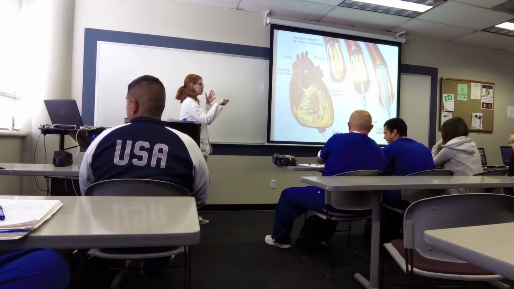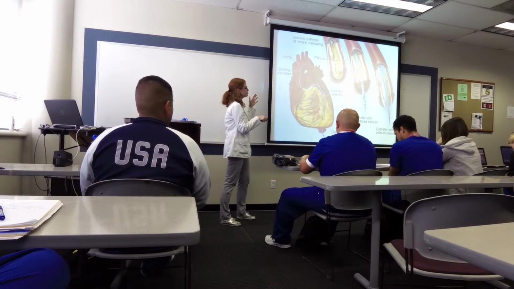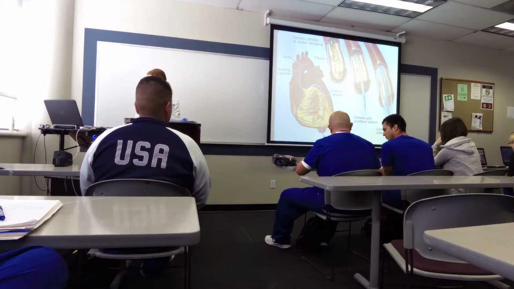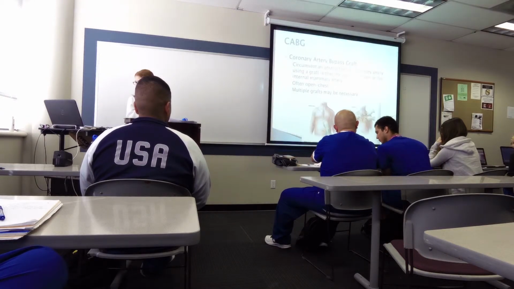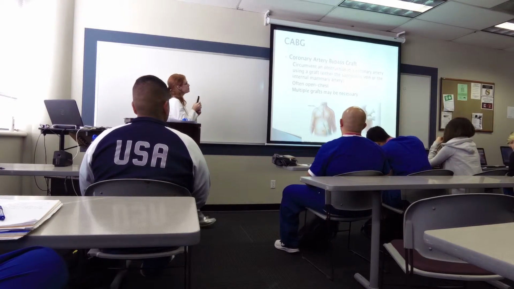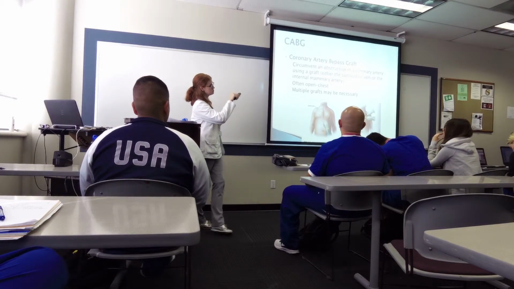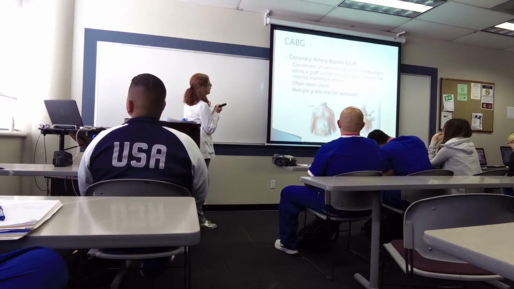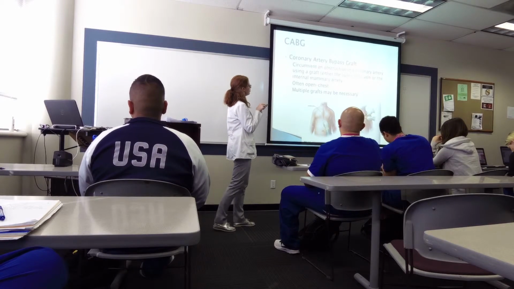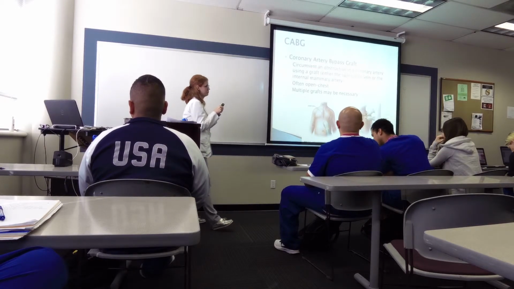Okay, so balloon angioplasty is one medical procedure that someone might receive when they have coronary artery disease. The other one is a coronary artery bypass graft, or CABG. And it's where they are going to circumvent the obstructed coronary artery using a graft.